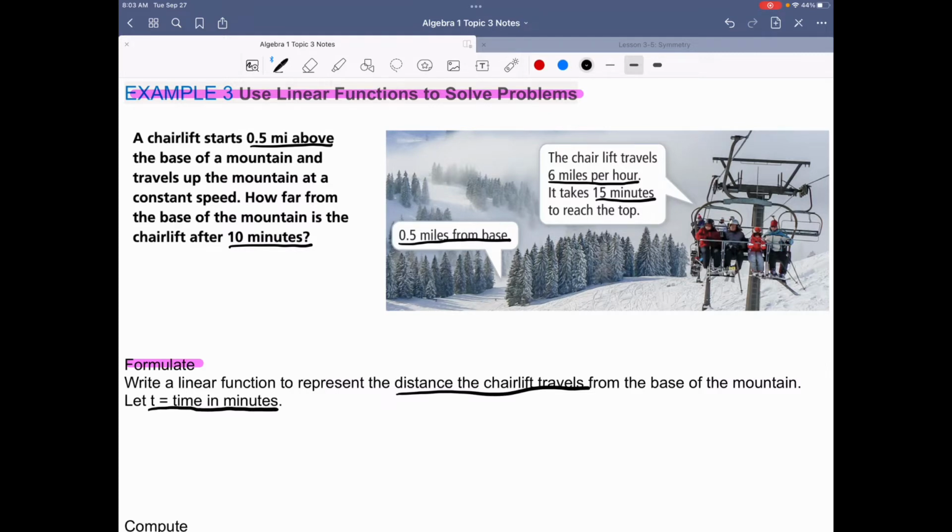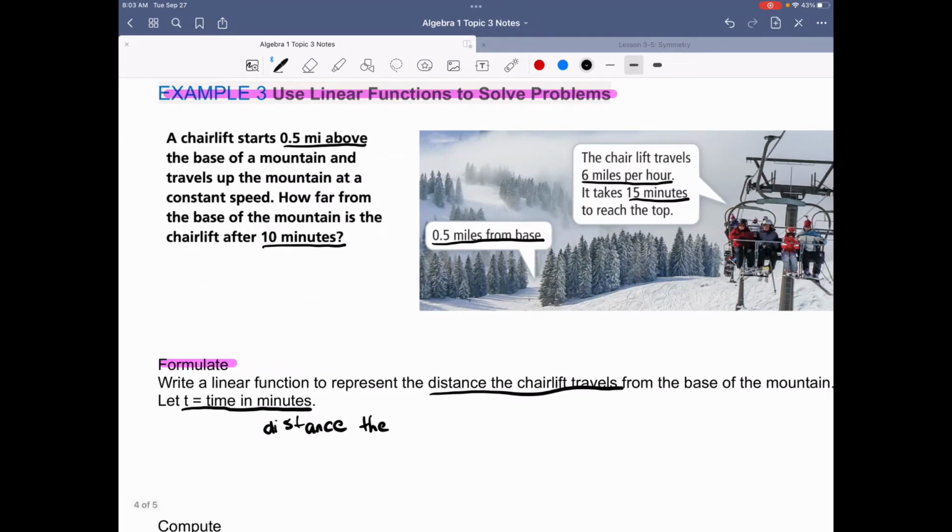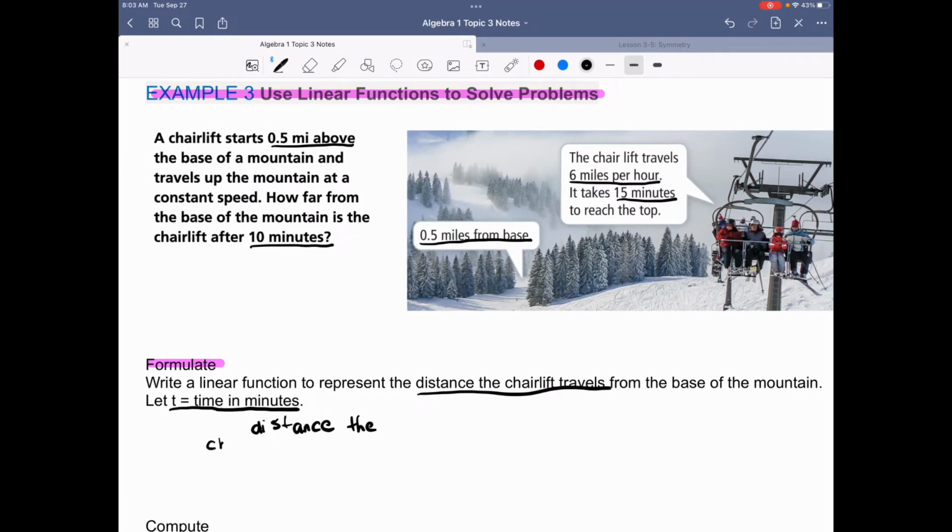So what we need is the distance the chairlift travels. Now we are working with this rate right here. This is where we will get our rate of change.